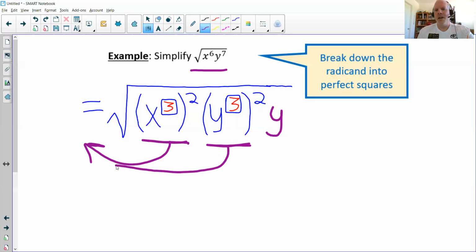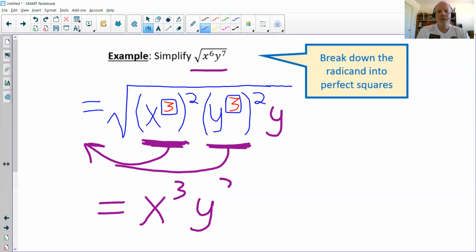So after it comes out of the radical, what we will end up with is this. The square root of x cubed squared is x cubed. The square root of y cubed squared is y cubed.